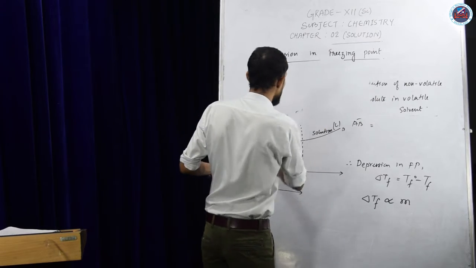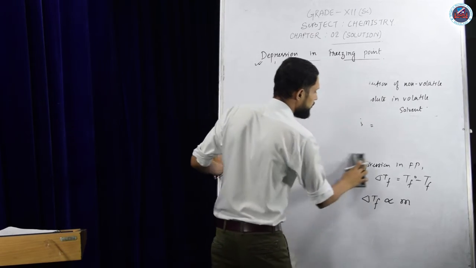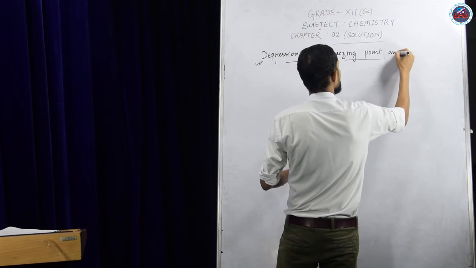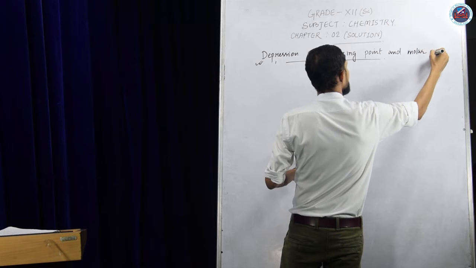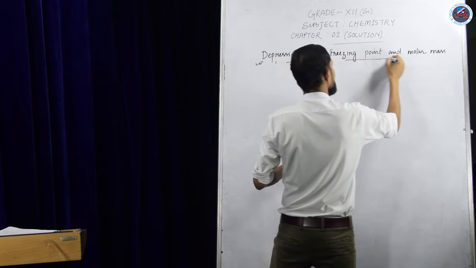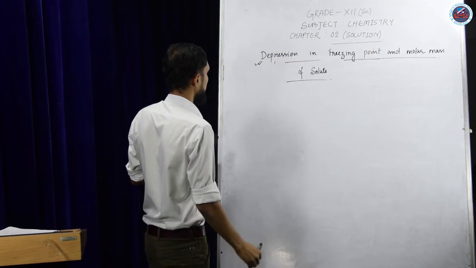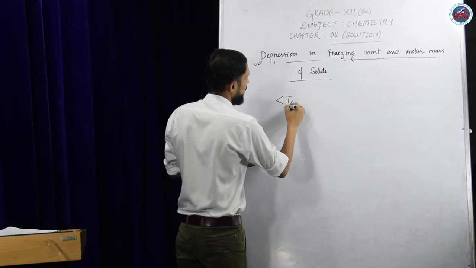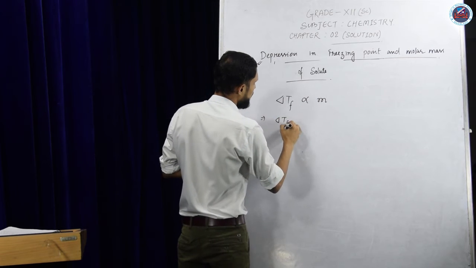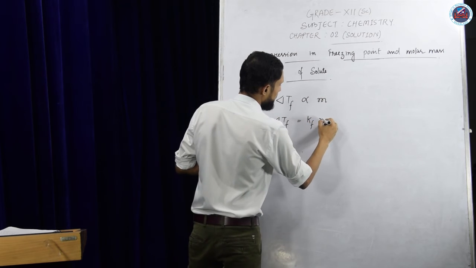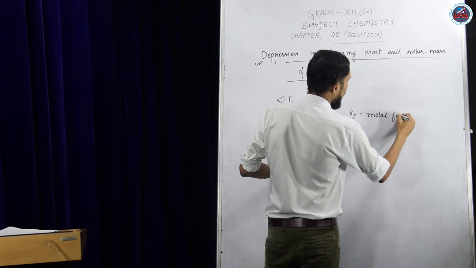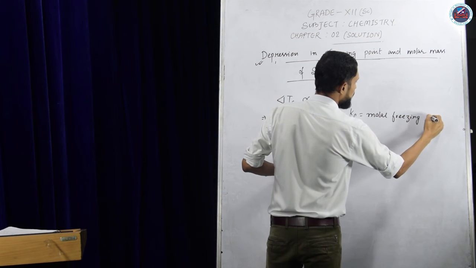Next, let us see the relation between depression in freezing point and molar mass of solute. Delta Tf is directly proportional to m, that is molality, or delta Tf is equal to Kf m, where Kf is the molar freezing point constant.